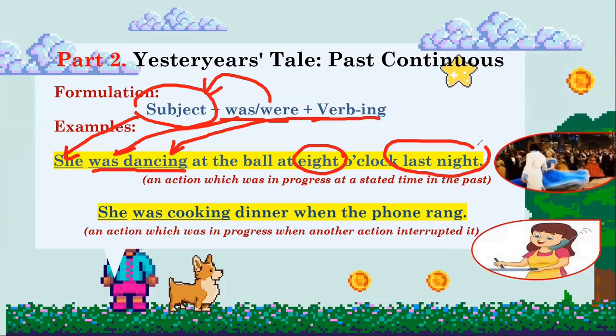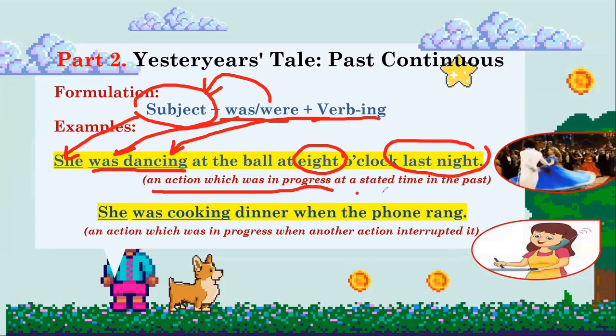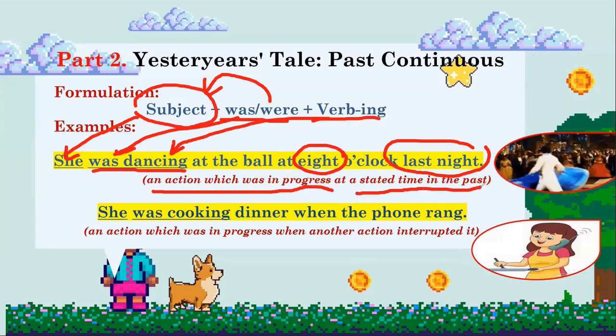So it's a certain moment last night. So at 8 o'clock or at 8 in the evening last night, she was in the midst of her dance. So this is an action which was in progress at a stated time in the past. So that's all for the first example.